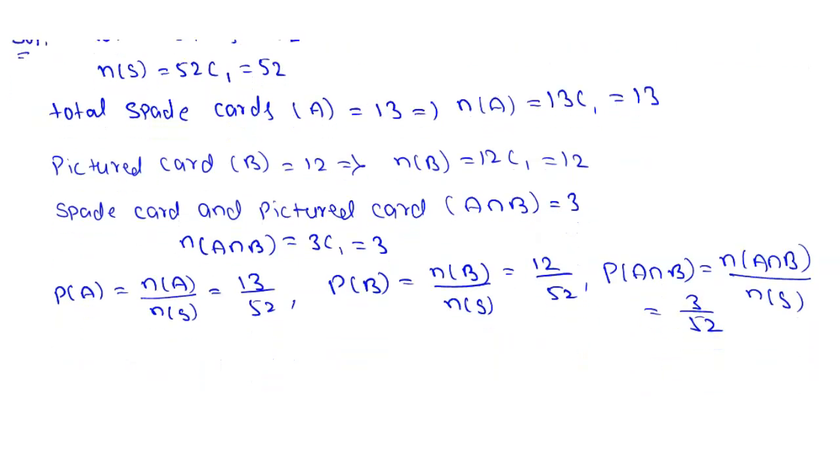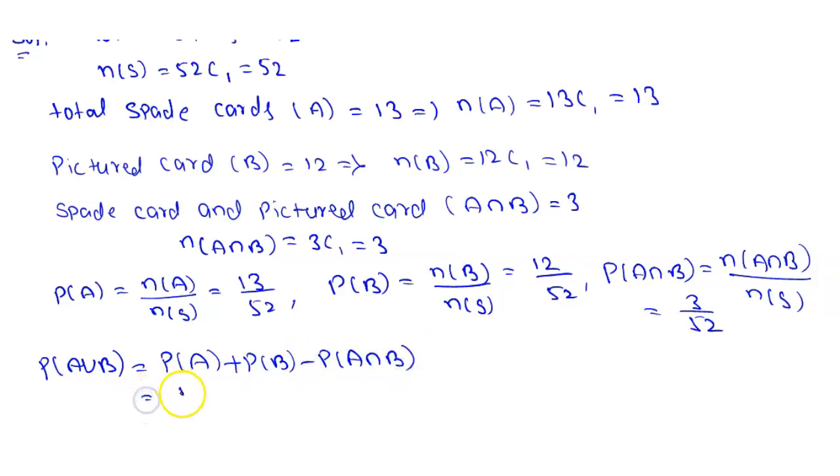So in the question he is asking P of A union B. P of A union B formula is what? P of A plus P of B minus P of A intersection B. So this is equal to 13 by 52 plus 12 by 52 minus 3 by 52.